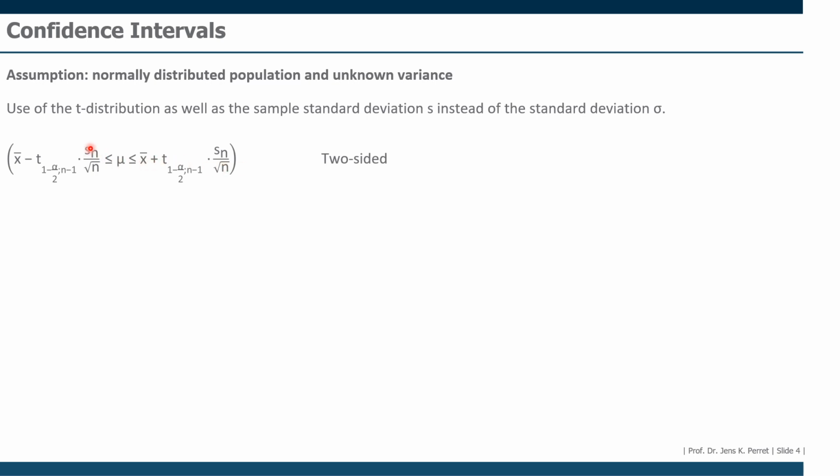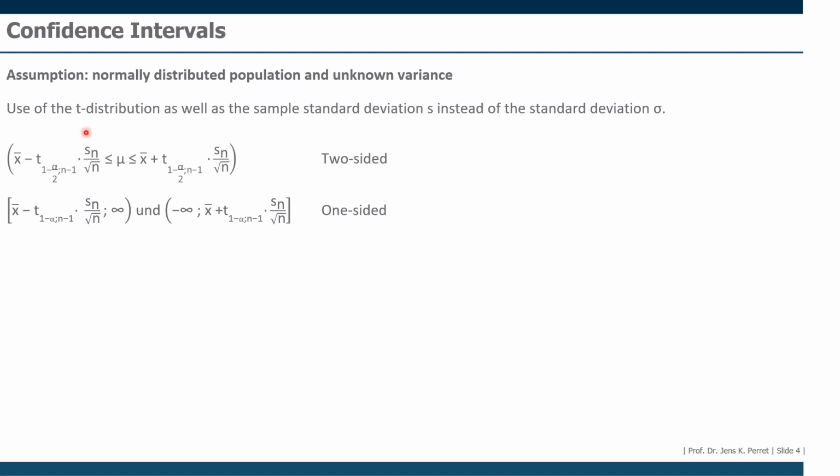That's why here, instead of the standard deviation from the previous slide, we use our sample standard deviation, and instead of the z value, we're using the t value. We're using the t-distribution. Generally speaking, the idea, however, did not change. Still the same general idea. The only difference, we estimate as well the sample standard deviation, and we use the t-distribution.